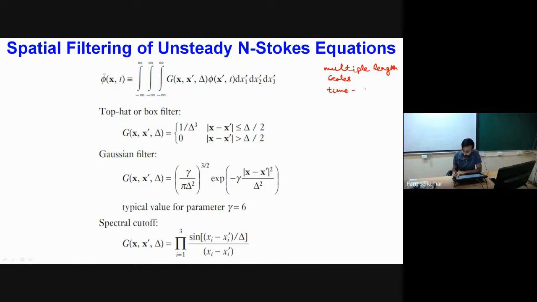There is not a single length scale present in a turbulent flow situation. For example, the smallest length scale we have encountered is represented with the symbol eta, called the Kolmogorov length scale, and the largest length scale is L, the length scale of the largest turbulent eddy.